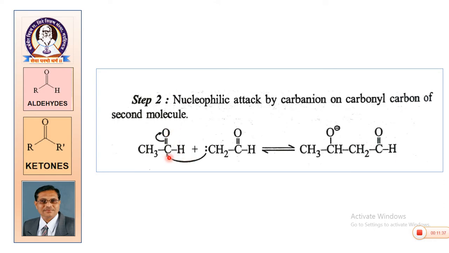The nucleophile attacks the electropositive carbon, so the oxygen becomes negative. Earlier it was a carbanion, now it is an anion. This anion is the end product of the second step.